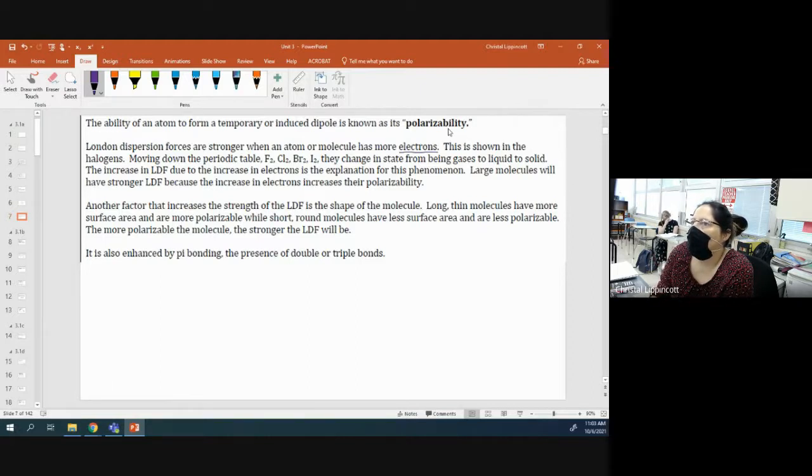So if you look at fluorine, fluorine is bonded to another fluorine. It is a gas at room temperature. Chlorine is the same thing. When we get to bromine, though, it is a liquid at room temperature. And when we get to iodine, it is actually a solid at room temperature.